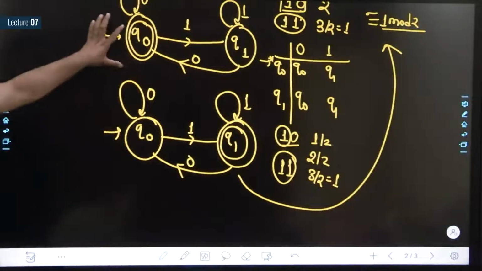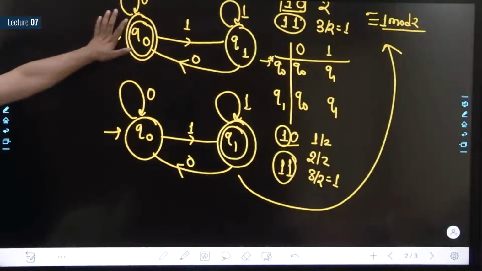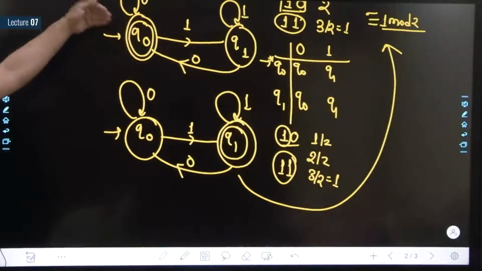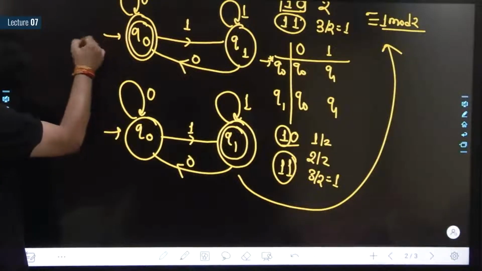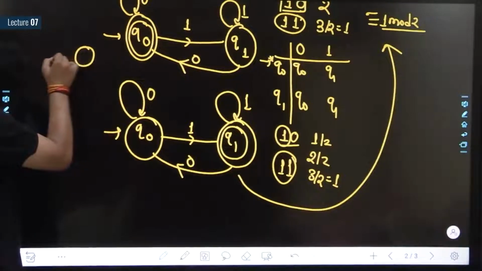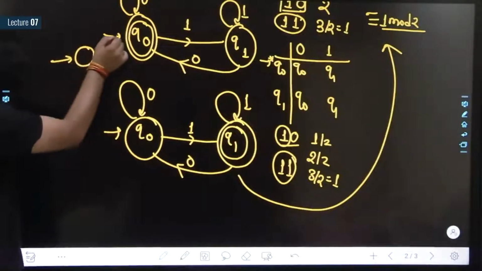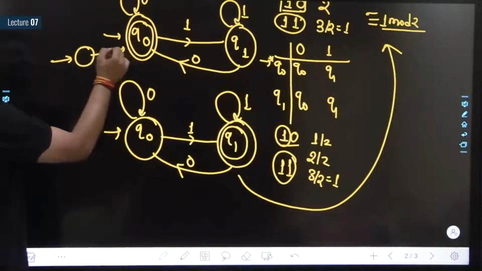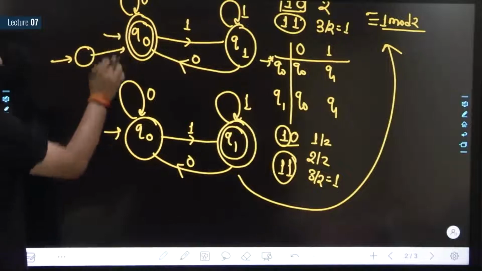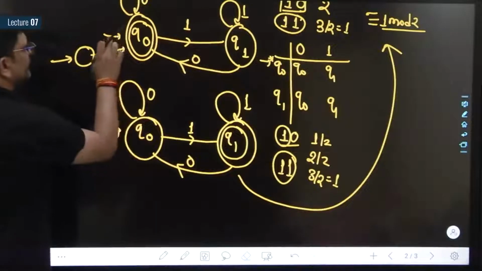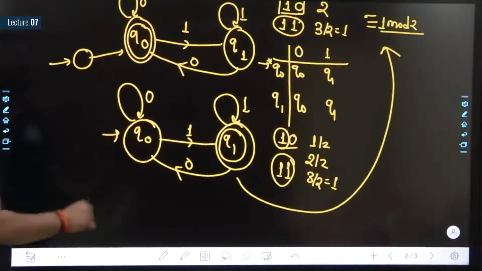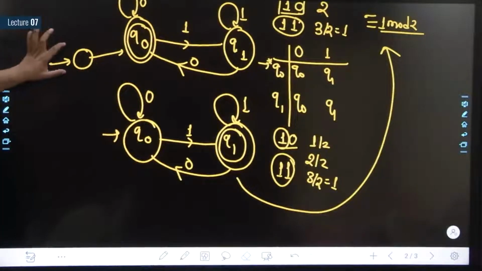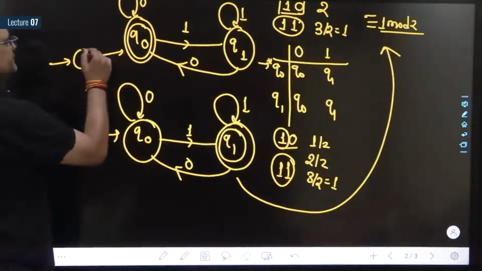In this question, epsilon is considered in the language. If we do not consider epsilon, then one more state is added. This is not the initial state. This one is the initial state. If we do not consider epsilon, then this is another state.